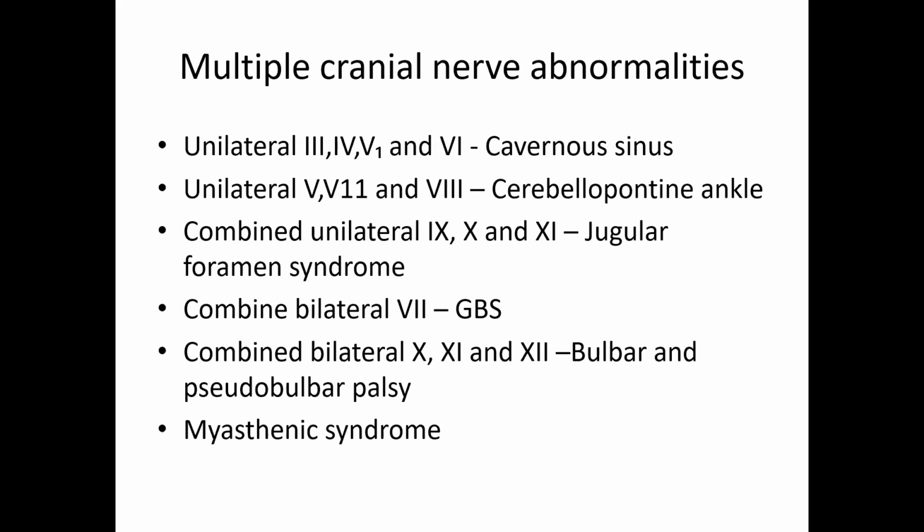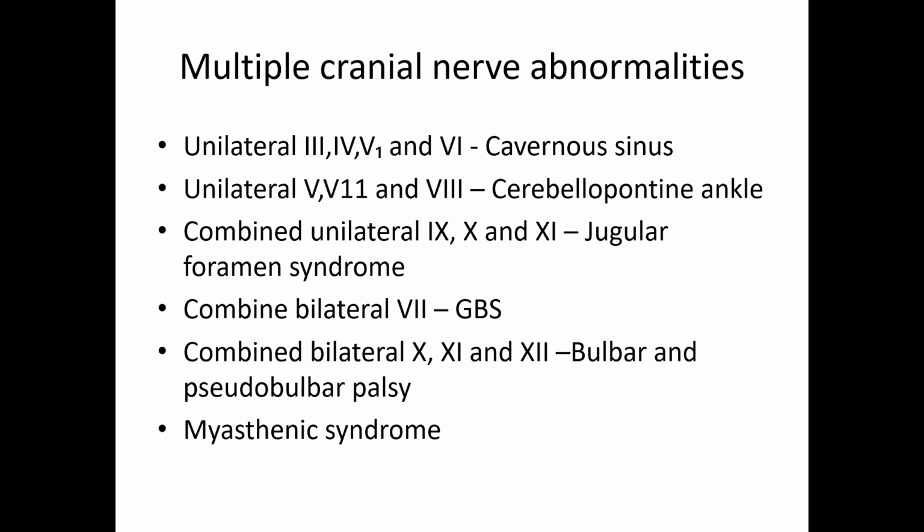If the patient has a combination of cranial nerve abnormalities, you know where you can look. For example, third, fourth, sixth, and V1, the ophthalmic branch of the fifth. Normally they lose sensation around the eyes, but they don't lose it around the cheek or the jaw, because when you look at the fifth cranial nerve, one of the sensory branches goes through the cavernous sinus.